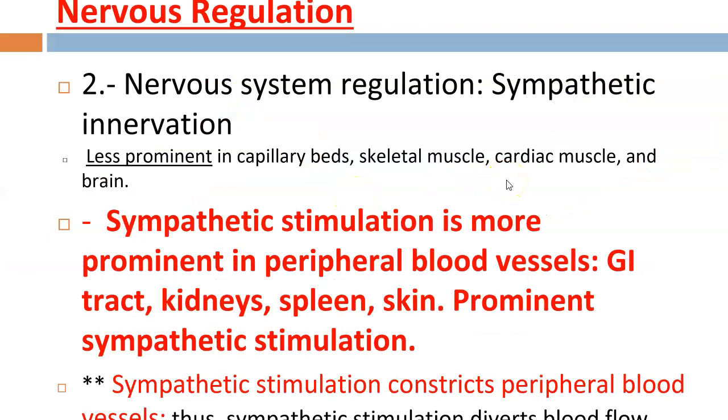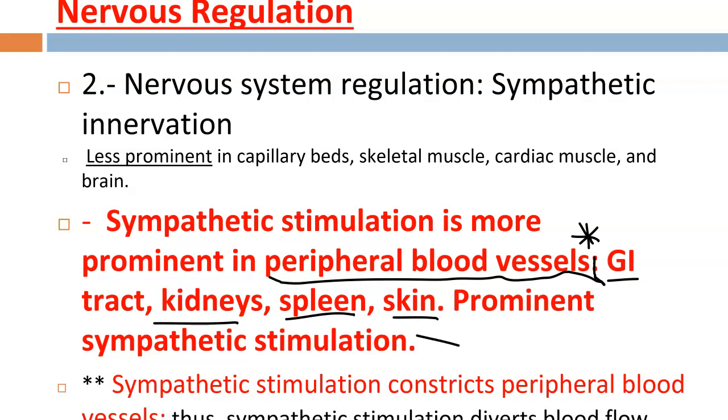The second type of control is the nervous system regulation via the sympathetic nervous system. Now, this is the way the sympathetic nervous system works. First of all, the types of blood vessels in which the sympathetic nervous system has greater control are the blood vessels that are called peripheral blood vessels. And that's an important point. Peripheral blood vessels are going to be blood vessels of the gastrointestinal tract, stomach, intestines, kidneys, spleen, skin.